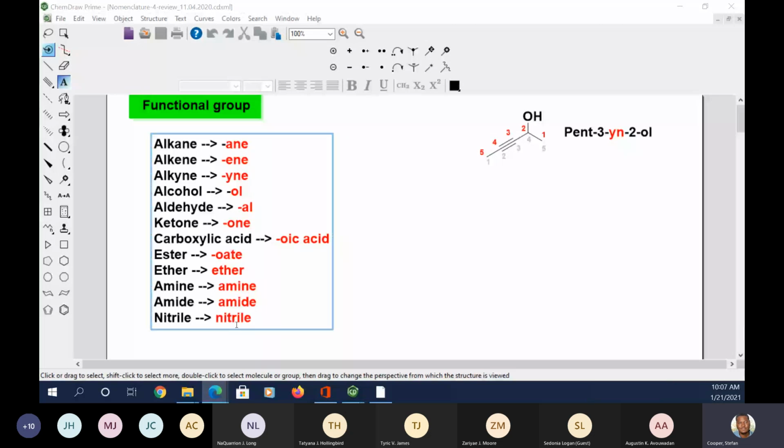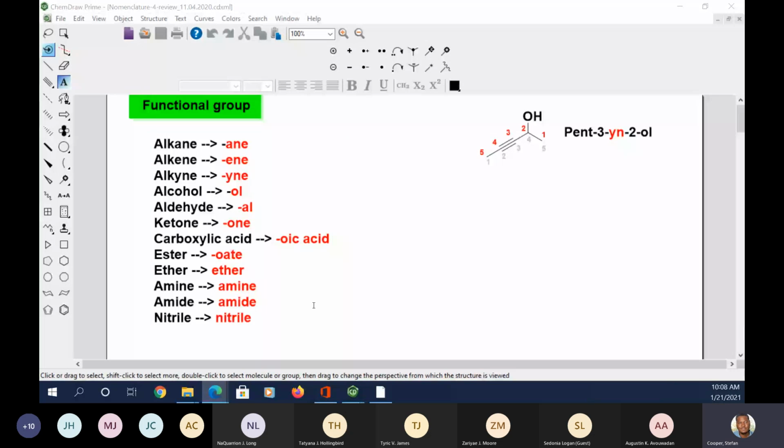So you can have something called acetonitrile or methanenitrile, right? Or ethanenitrile. So these are the endings, all right? So you want to be familiar with these functional group endings. Now, things do change depending on what's on your substituents, but these are traditionally the functional group endings that we're going to be using for this semester, right?